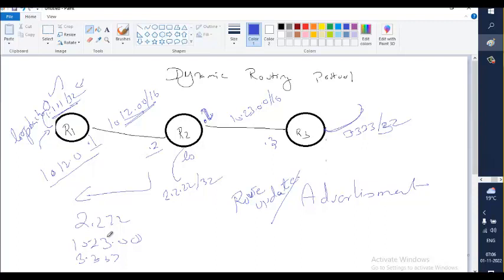After router 2 learns, it advertises. So along with its own, even the learned routes get advertised. So now router 1 gets a chance to learn all the networks. Likewise, router 1 advertises, router 2 learns, router 2 advertises, router 3 learns both router 1's network and router 2's network. So now they're all in sync. If any user pings any of these networks, the routers are capable of forwarding it because they got the route.